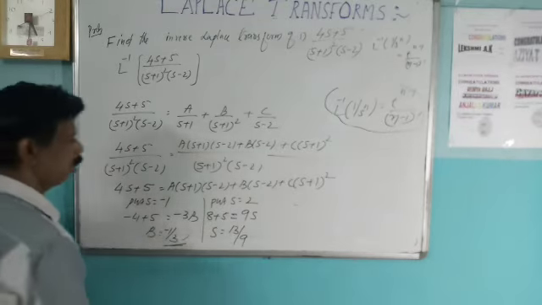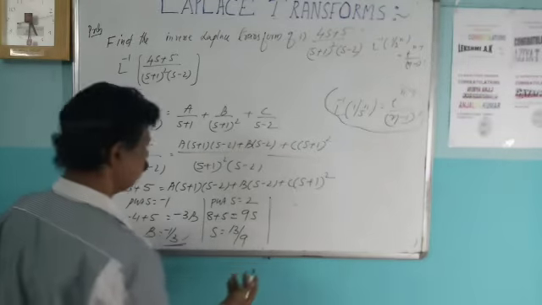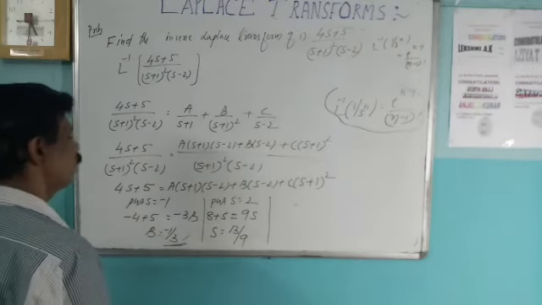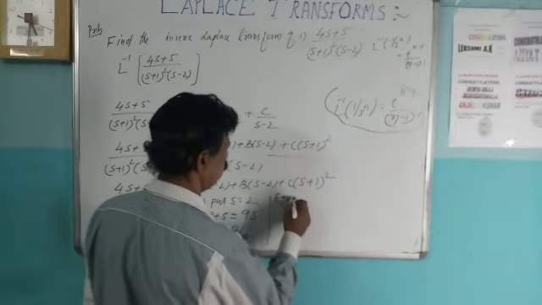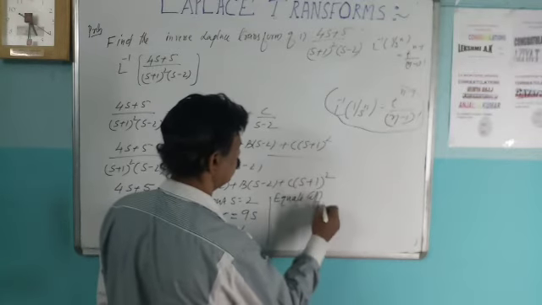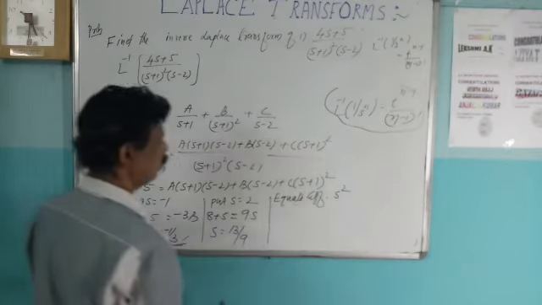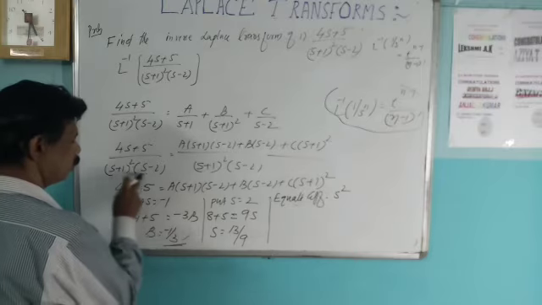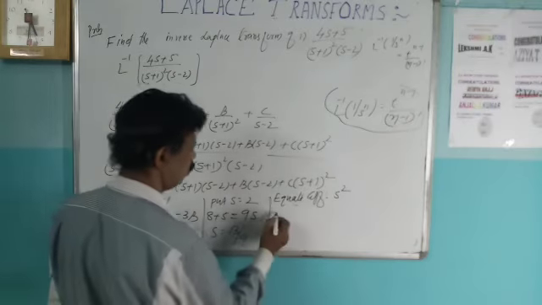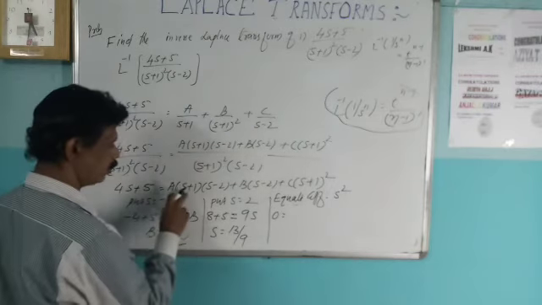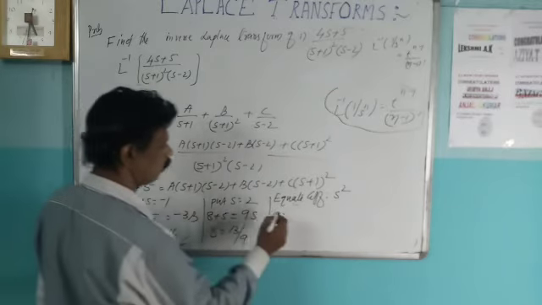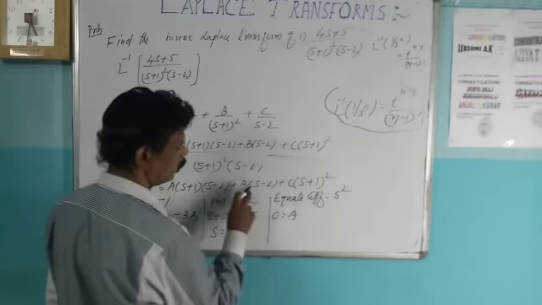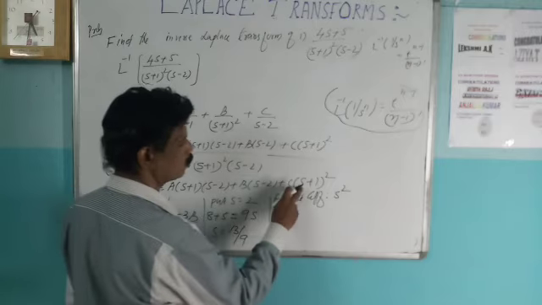Okay. And next, equate the coefficient of s square. Here the coefficient of s square on the left side is 0. Expanding the terms, the coefficient of s square is A from the first term and C from the last term.